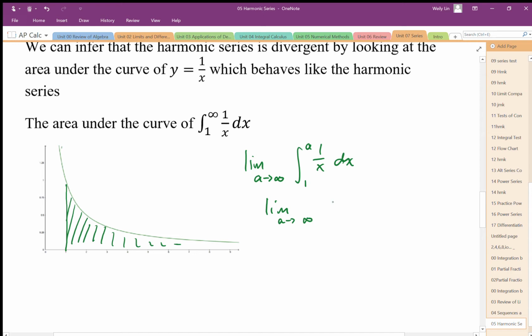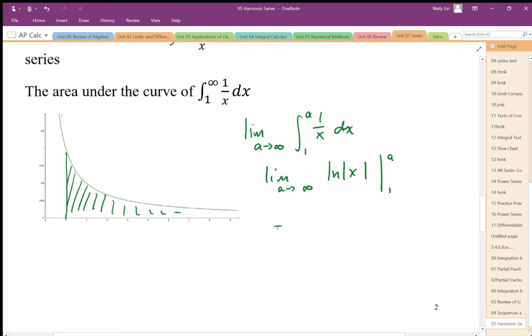We anti-differentiate that to log x, and then we integrate from 1 to a. We can evaluate this integral now, so the area is equal to log of infinity, when we plug in the a, minus log 1. Log infinity is in fact infinity, minus log 1, which is 0. So the area under that curve is infinite.